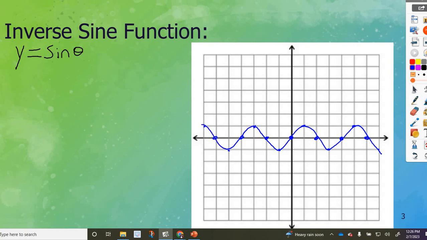Agreed? So does that pass my horizontal line test? No. Because it repeats itself over and over again. Which causes a problem because that means that our inverse will not be a function. But we want it to be a function.